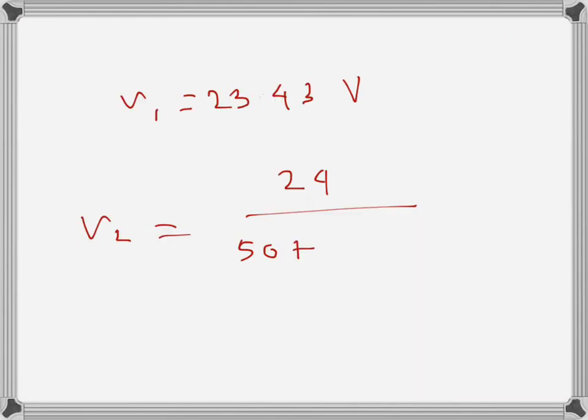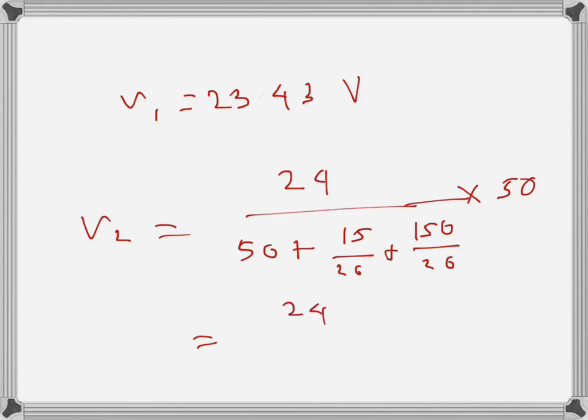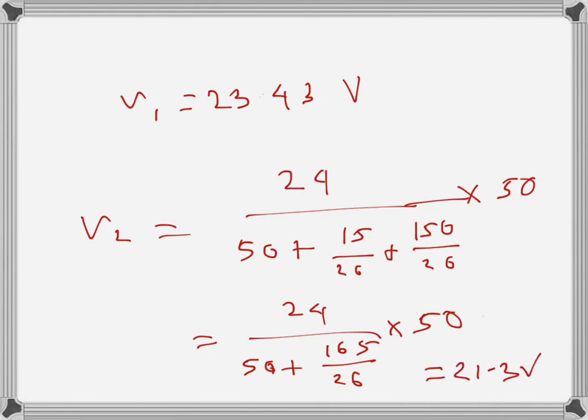So 15 over 26 plus 150 over 26 is 165 over 26. So 24 divided by 50 plus 165 over 26, times 50, because across the 50 ohm resistance we want to find the voltage. What I get there is 21.3 volts.